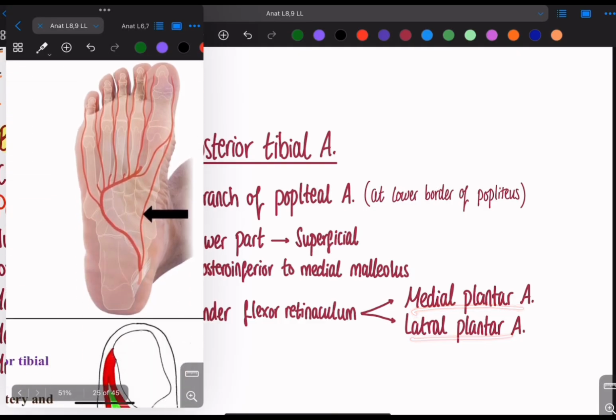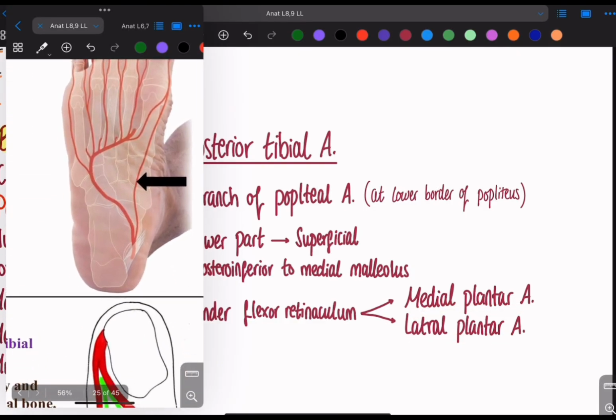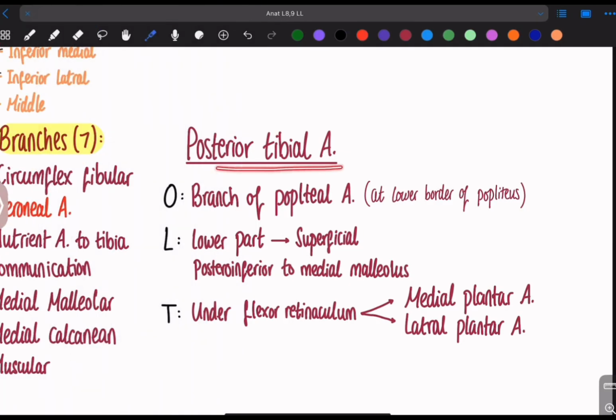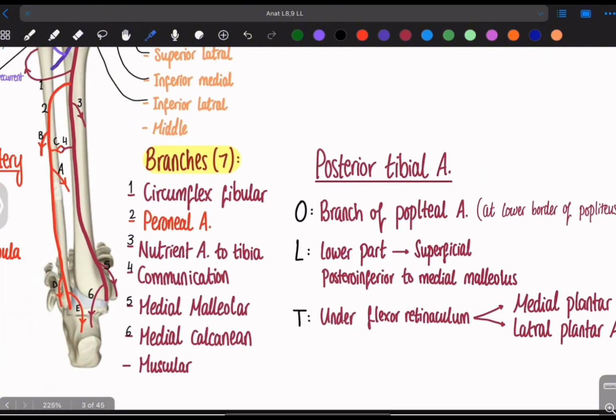Let's see them here from a different view. So here we can see flexor retinaculum is gonna terminate into medial plantar artery and lateral plantar artery. Okay, we're gonna talk about them in detail. But for now, just know that they're the termination for the posterior tibial artery. Now let's see the branches for the posterior tibial artery.